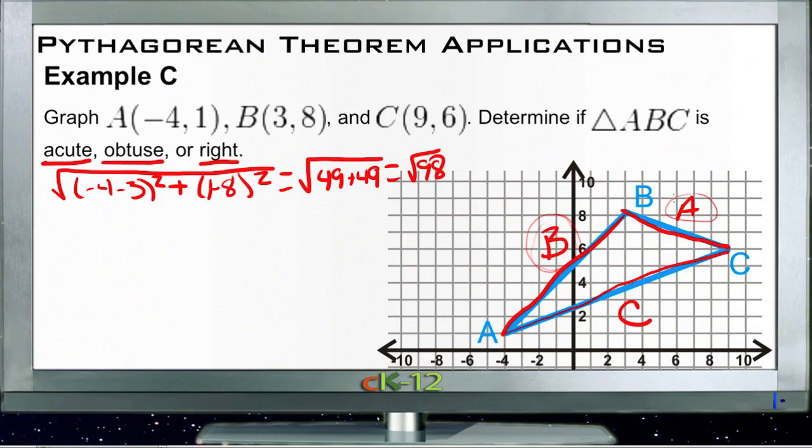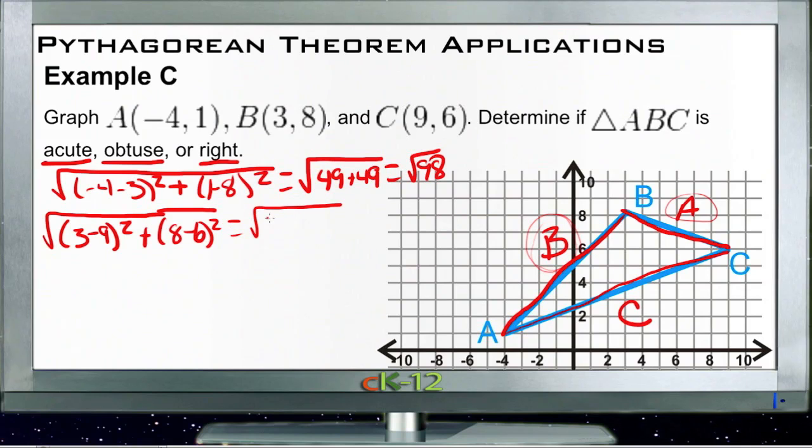Then side A over here would be the square root of (3 minus 9) squared plus (8 minus 6) squared, which gives us the square root of 36 plus 4, or the square root of 40.